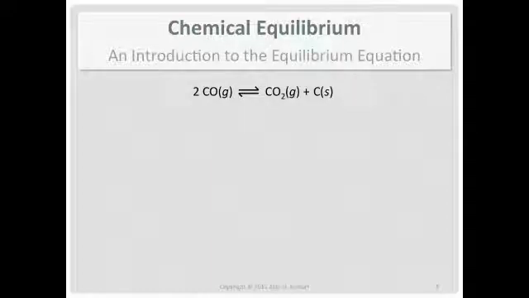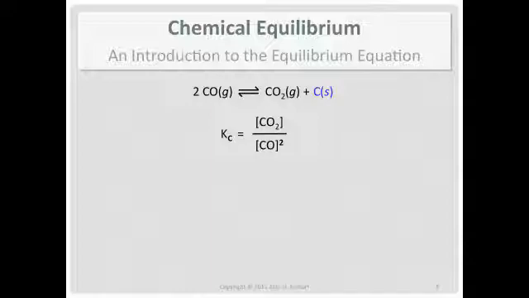Carbon monoxide reacting to form carbon dioxide and solid carbon. Products over reactants. And I've left something out, haven't I? What did I leave out? I left the solid out.